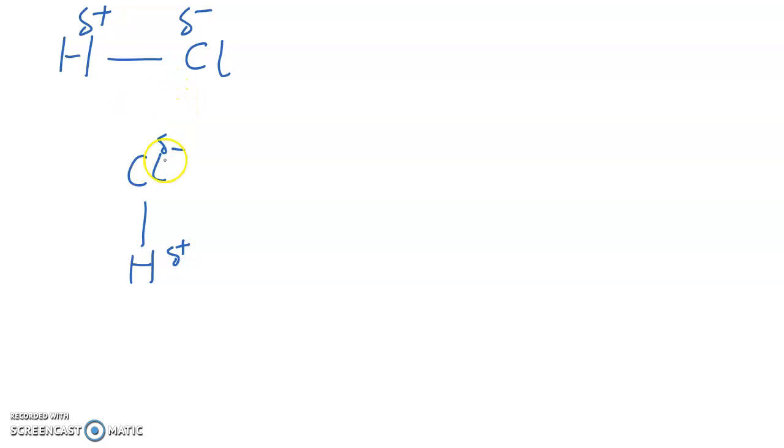What would be the preferred case? If they can have random motion, after a while, this partial positive charge can find the partial negative charge. Let's say they can both move randomly.